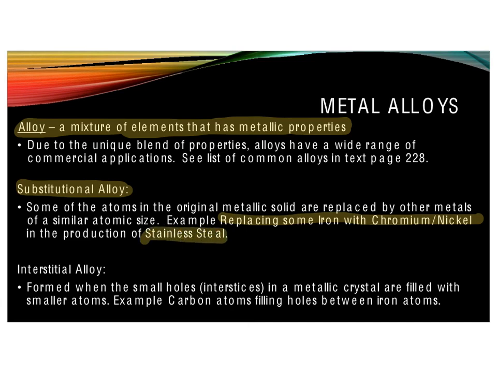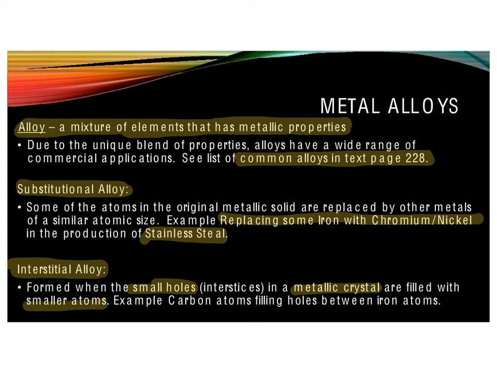And there's a whole common list of alloys in your textbook on page 228. There are also alloys called interstitial alloys, and that's when we take small holes in a metallic crystal and we fill these small holes with smaller atoms.